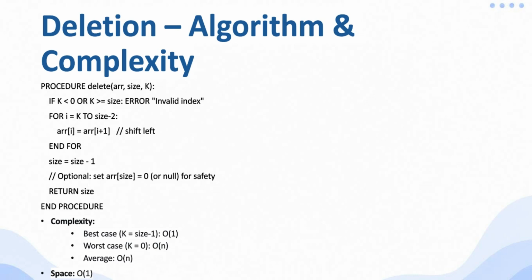And also the space complexity becomes O(1), right? So this is same as insertion, like cheap at the end, expensive elsewhere, right?